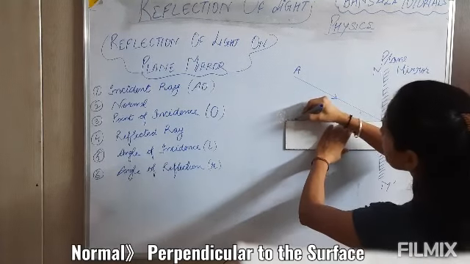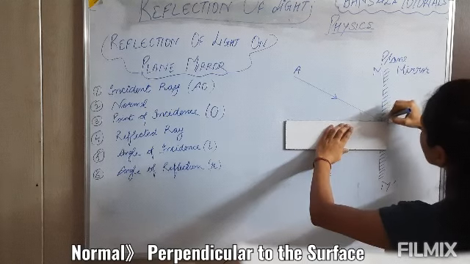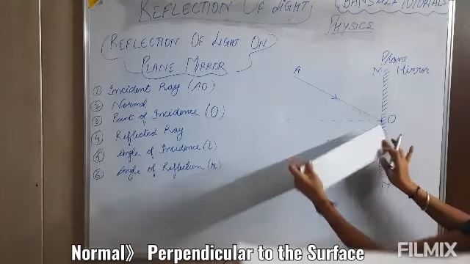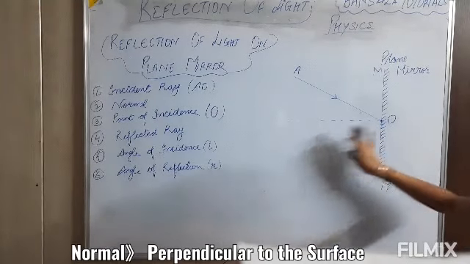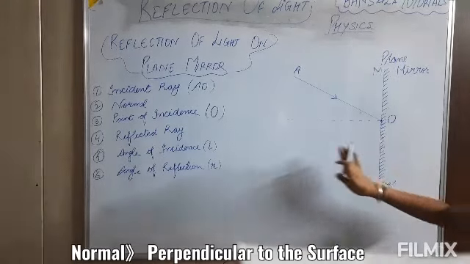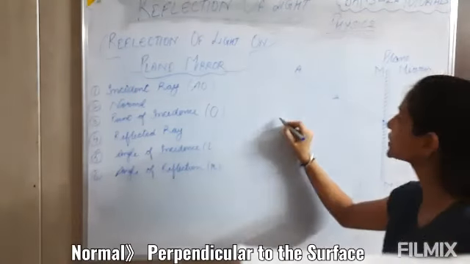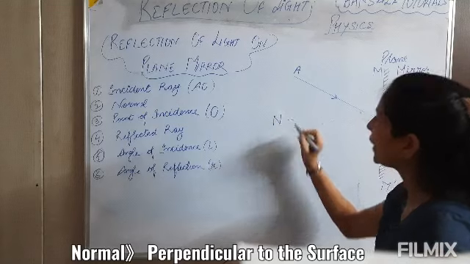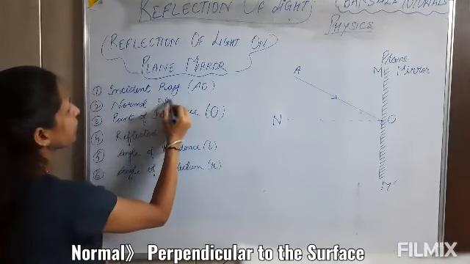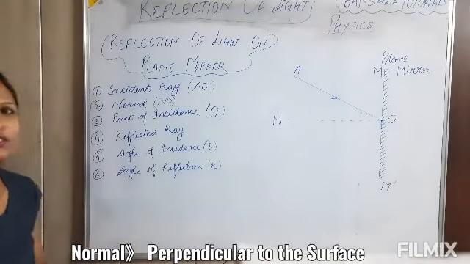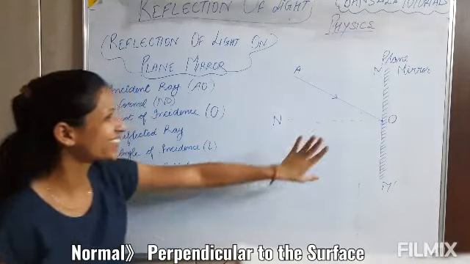I will draw this perpendicular in a dotted line just to differentiate it from the incident ray and reflected ray. Now this perpendicular to the plane mirror surface is called the normal. So I will denote this normal as N. So NO is the normal. This normal, it is dotted, but it is the most important thing in the diagram.